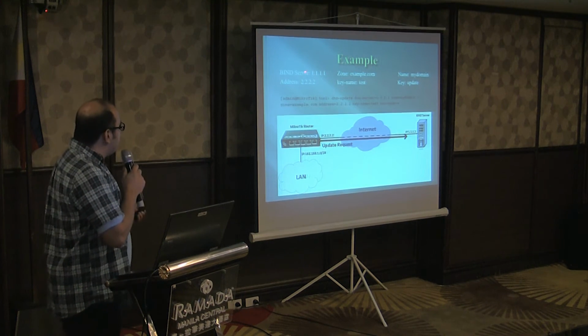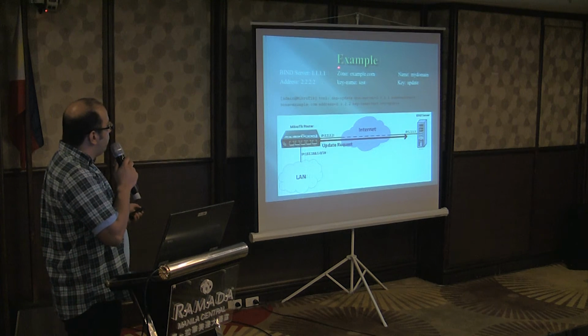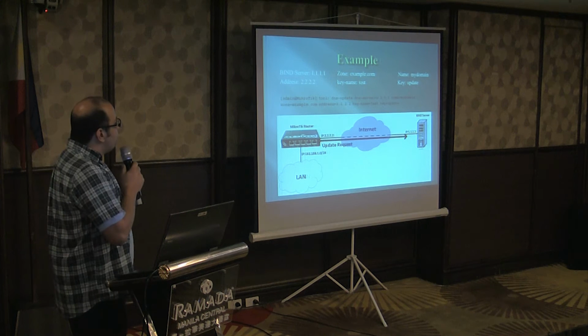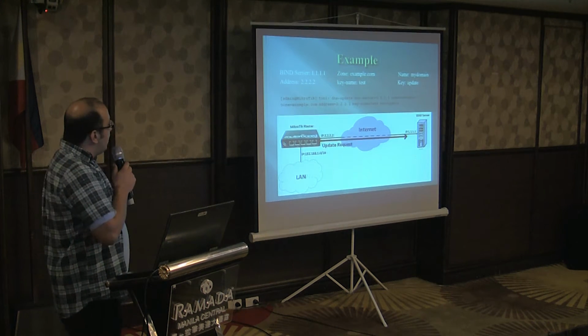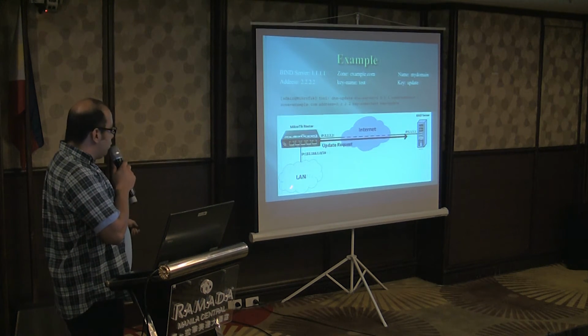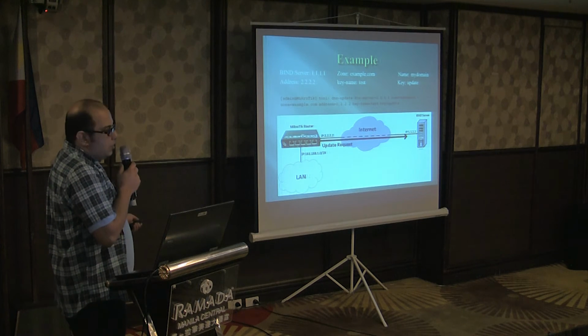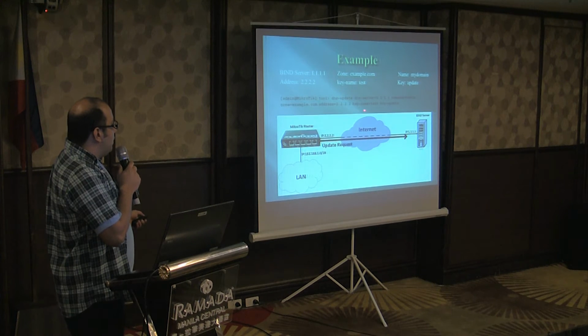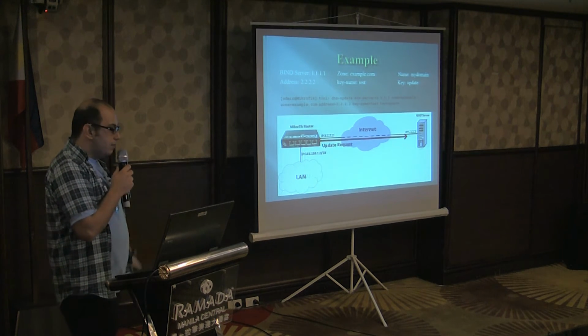This is a little example. If your BIND server is 1.1.1.1 and your zone is example.com with the name my domain, and your router address is 2.2.2.2, it's a very simple update. And also you can have a key with a key name and the key itself.